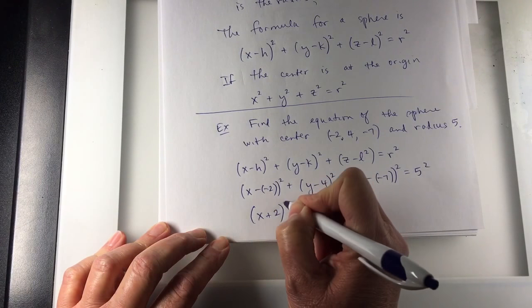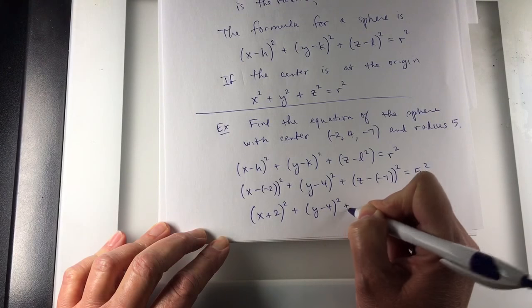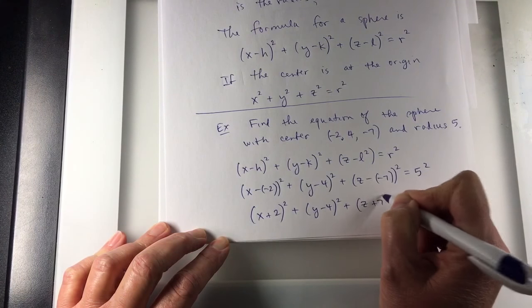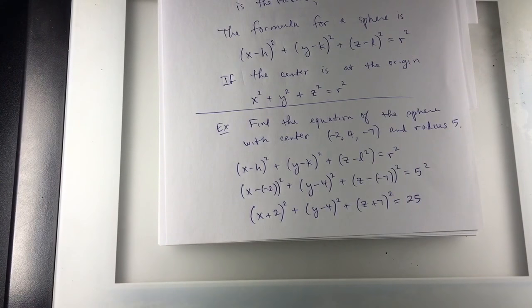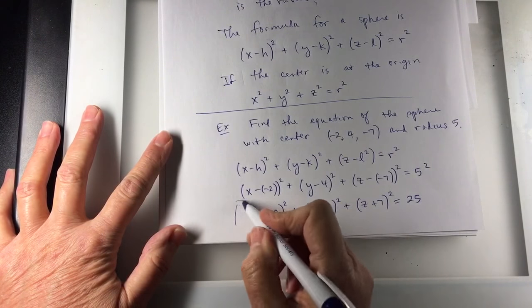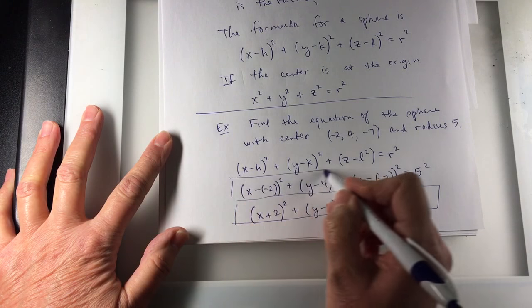X plus 2 squared plus y minus 4 squared plus z plus 7 squared is 25. And cleaning it up, that simplification might make it look a little bit better. But if you kept it like this, that's okay.